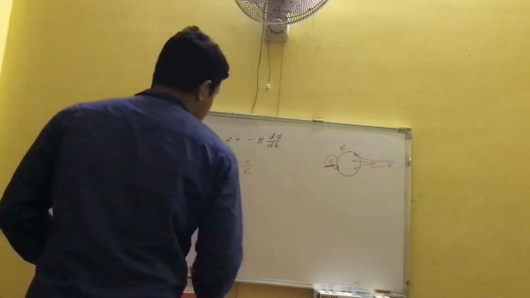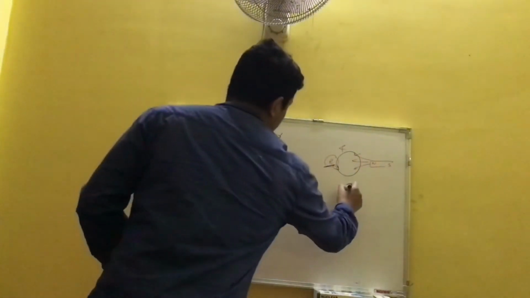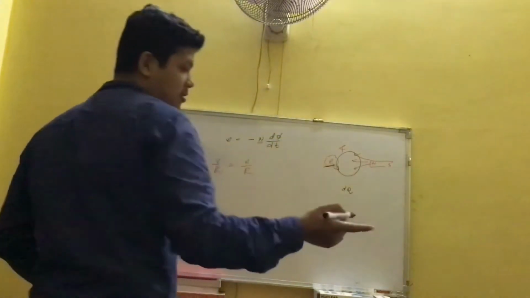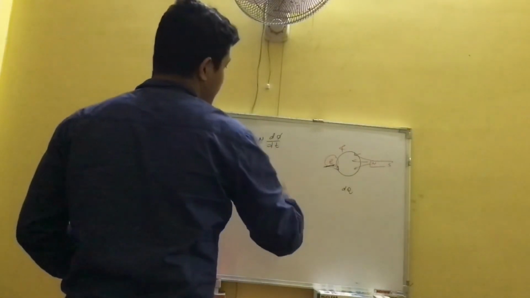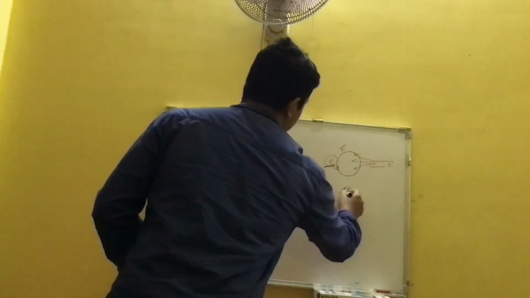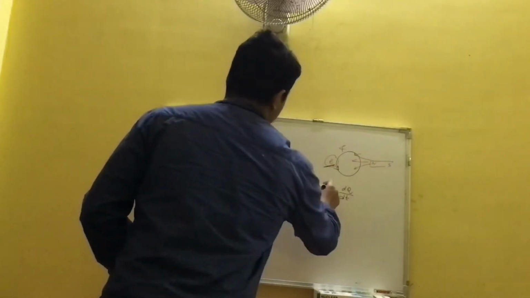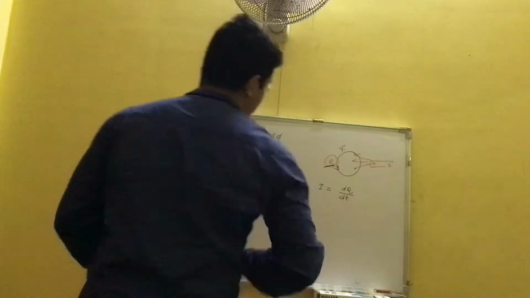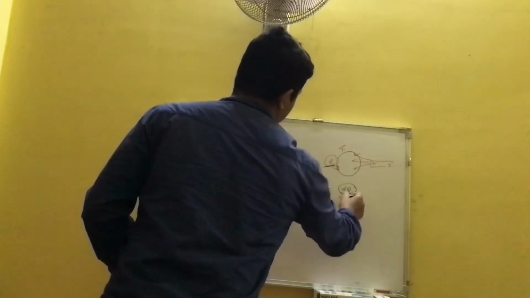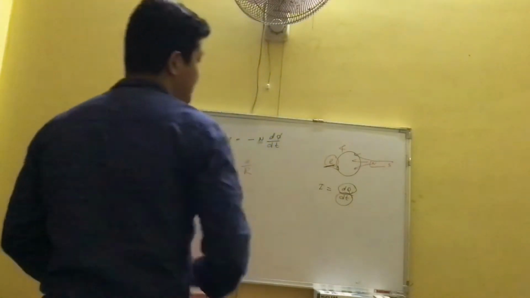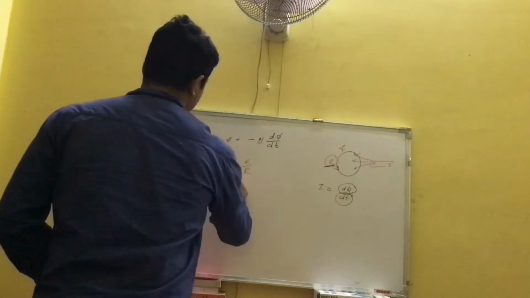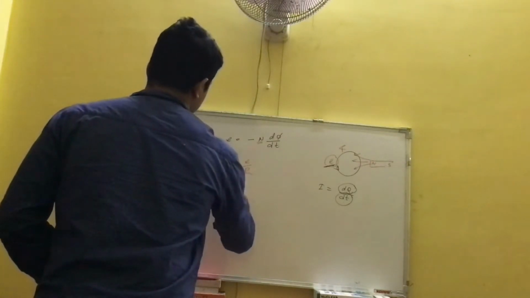Suppose dq charge flows in dt time, then the current I is given by dq by dt. So I is equal to dq by dt.